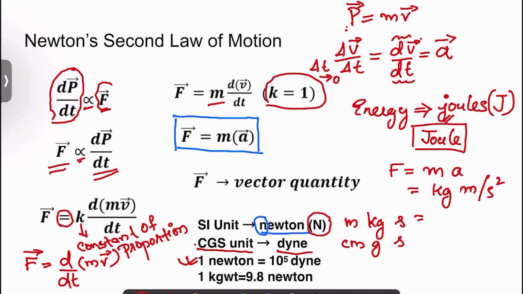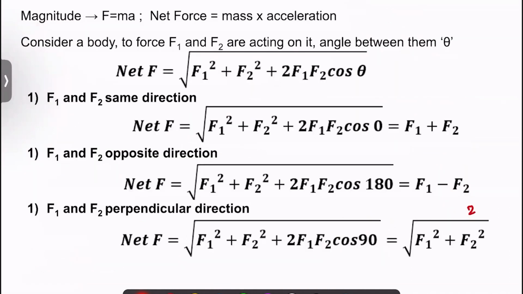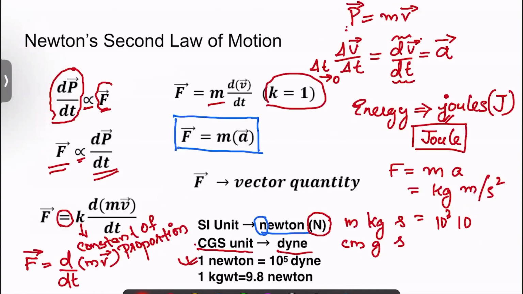Kilogram to gram, that is 10 to the power 3, and meter to centimeter is 10 to the power 2. Second is the same, so it is 10 to the power 5 dyne. From Newton, 1 Newton equal to 10 to the power 5 dyne.